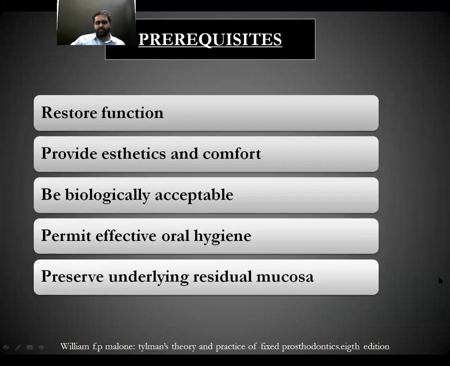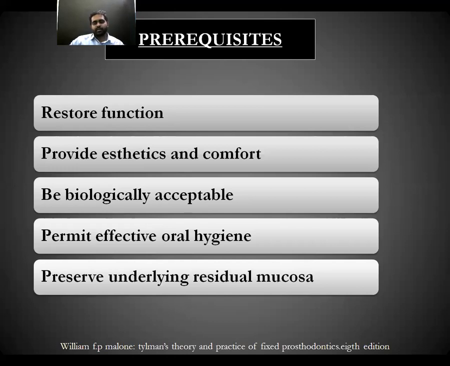So now we should have basic prerequisites for your pontic, which should perform many functions. The first and very important function is the restoration of function or masticatory efficiency. It is way too important when we consider a fixed partial denture. It should provide aesthetics and comfort to the patient. It should be acceptable biologically. Your body should accept it as it is given to you.